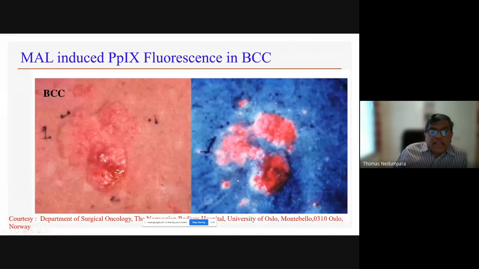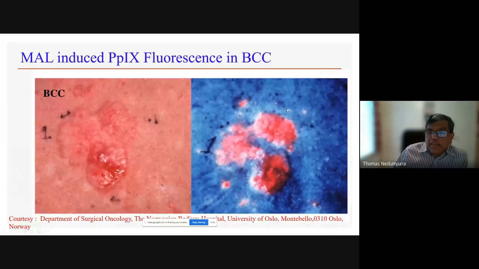This is what you call basal cell carcinoma. It's a cancer of the skin. So a methyl ester of ALA is applied on the skin, and they use a laser to view the fluorescence. So you have to use a laser to see this.